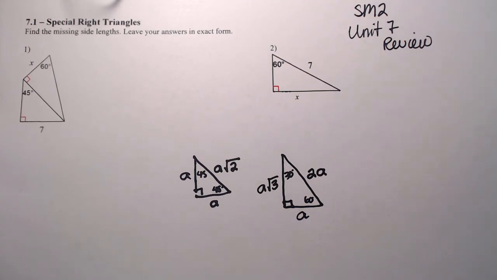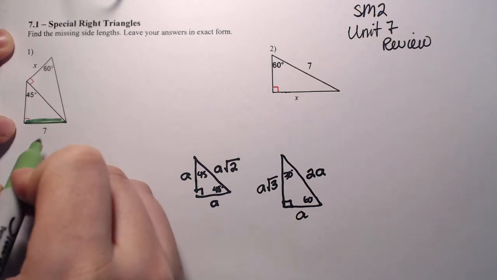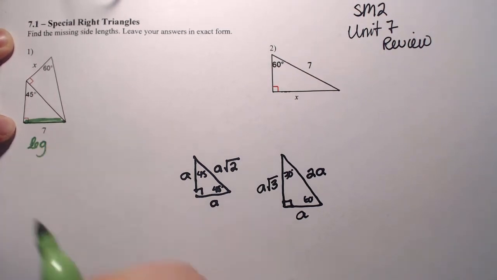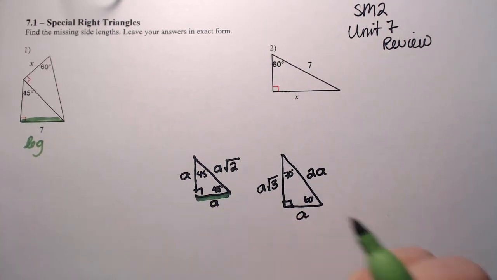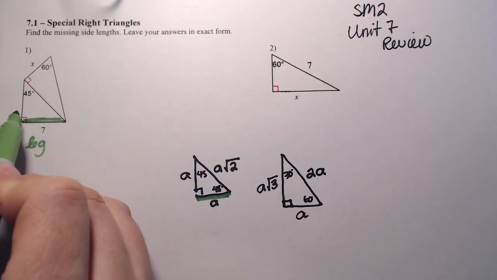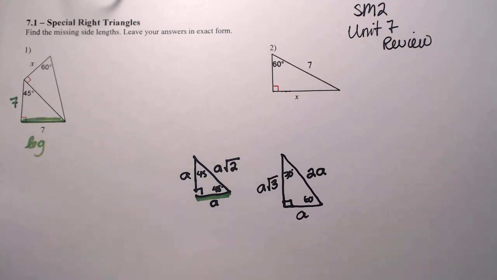So I'm going to look at my triangle and first figure out what it is that I have. So I have a leg of a 45-45-90. So I can find that the other leg is going to be the same as this leg, 7.